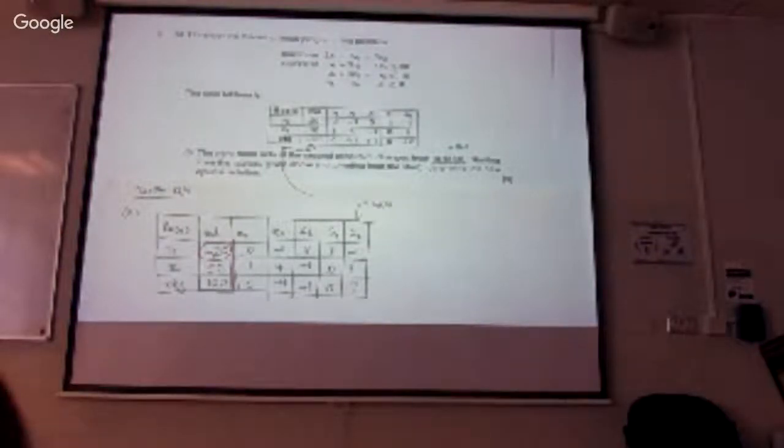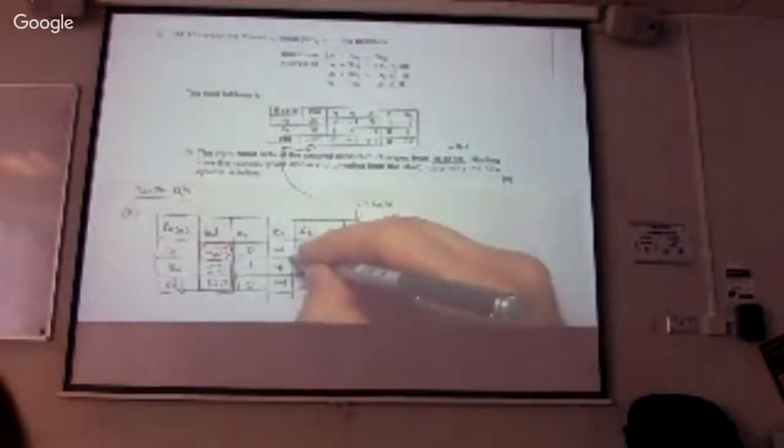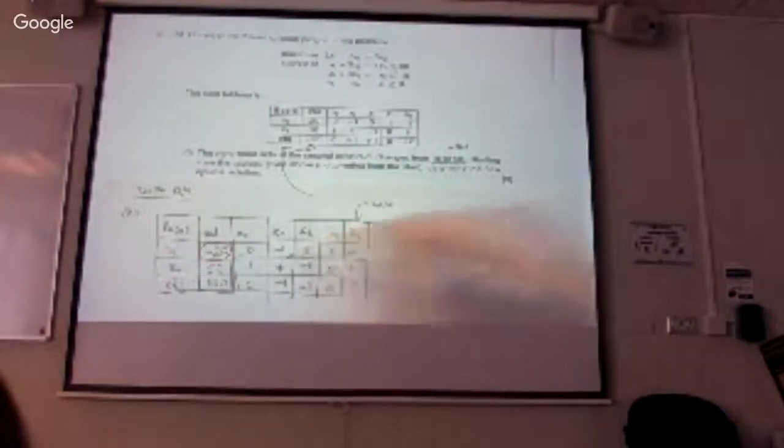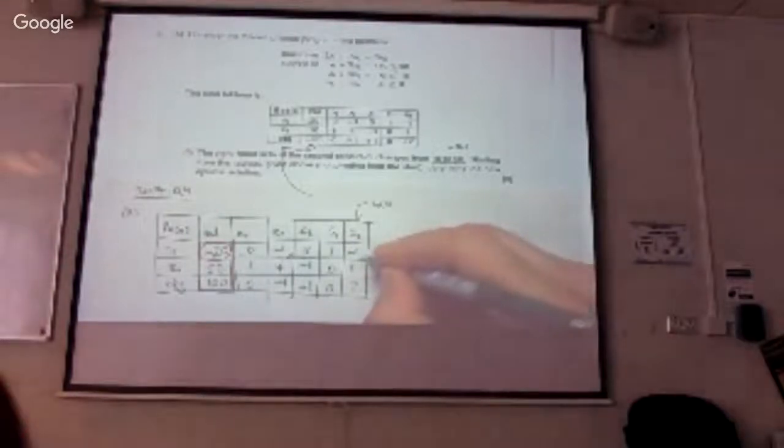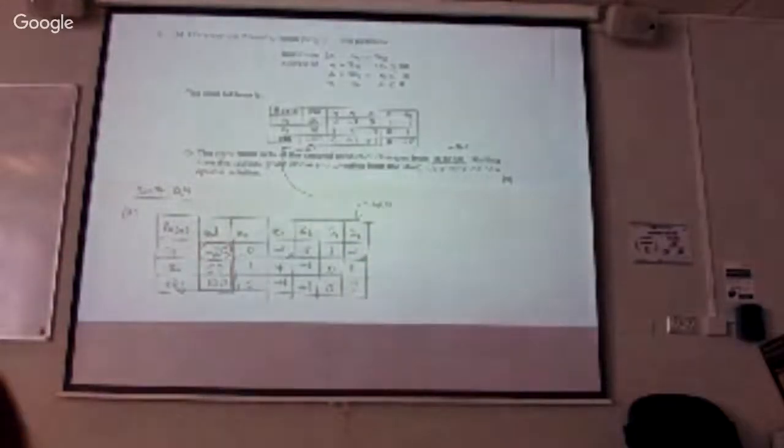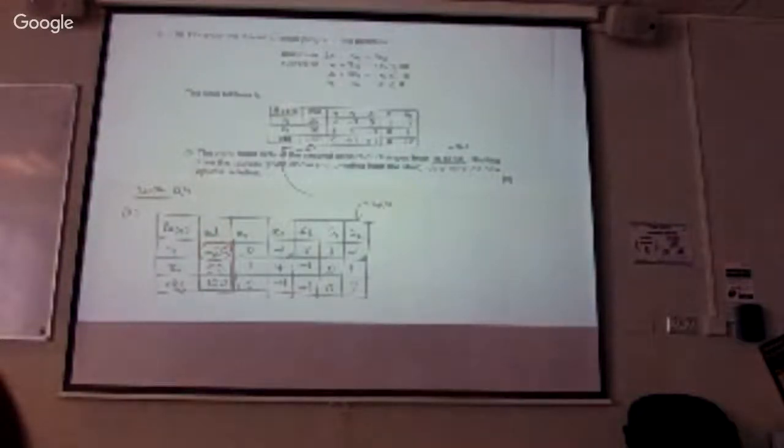And what do you look for in that row? Negative values. There are two. There's no negative values. There is not a single negative value in that row. You can say that the problem is not feasible and stop.